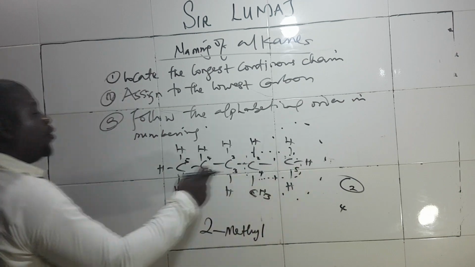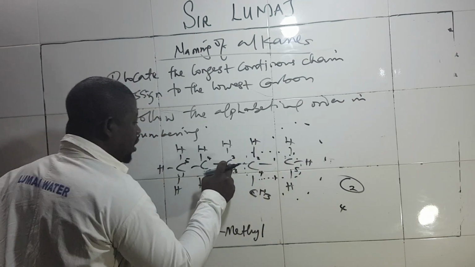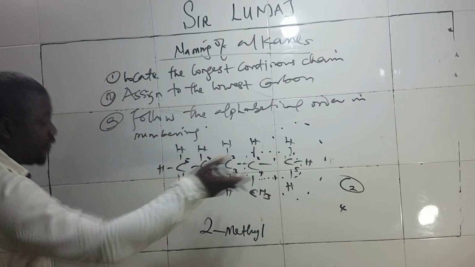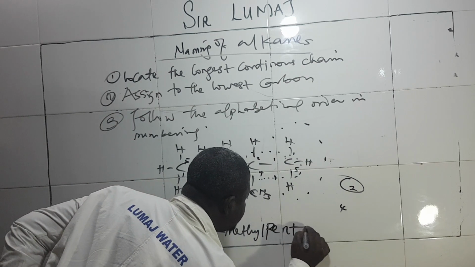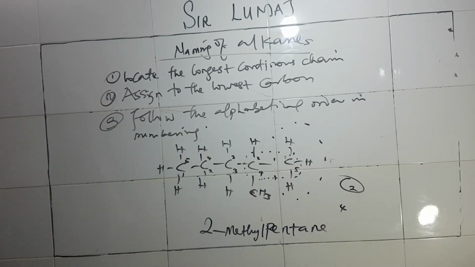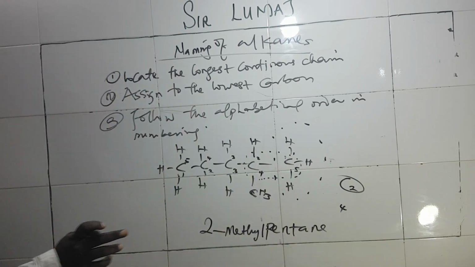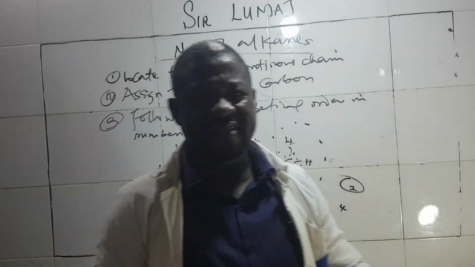Then how many carbons do you have in your straight chain? 1, 2, 3, 4, 5. Which alkane has 5 as its number? Pentane. So the name of this compound is 2-methylpentane. 2-methylpentane.